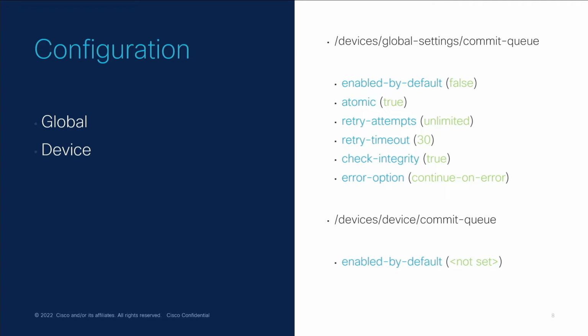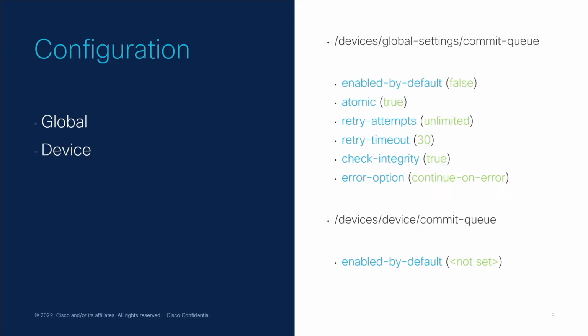Okay, let's look at what you can actually set. We have three levels where you can set configuration. I only show two here. On the global level, the most common ones you use are atomic and error option.